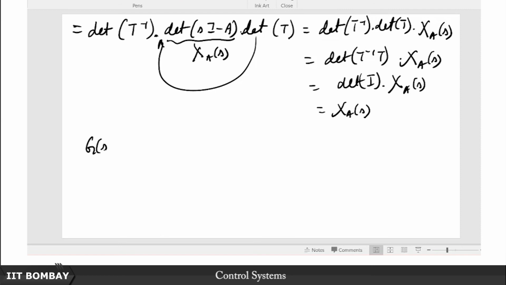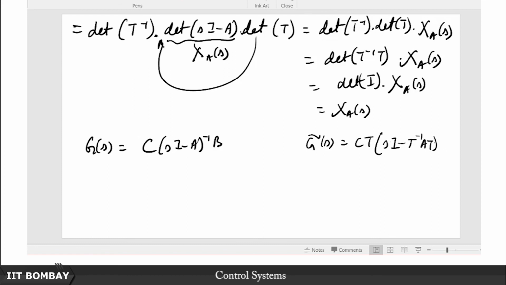So say G(s) is equal to C (sI minus A) inverse B, and G tilde(s) is equal to CT, I am replacing C tilde by CT, sI minus A tilde I am replacing by T inverse A T, whole inverse, times T inverse B, this is B tilde. So let me write that, this is C tilde, this is B tilde, and this is A tilde.